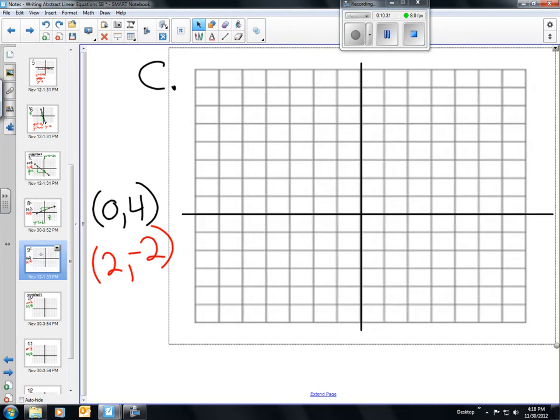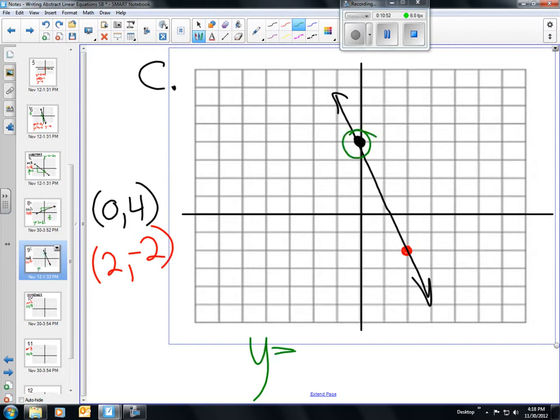And then letter C, 0, 4. So the point 0, 4 would be there on the graph. Then the point 2, negative 2 is going to be here. So we create the line. And we can write our equation as y equals, the starting point here, the y-intercept, or b, would be 4.